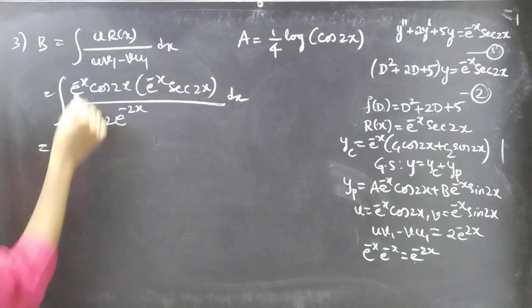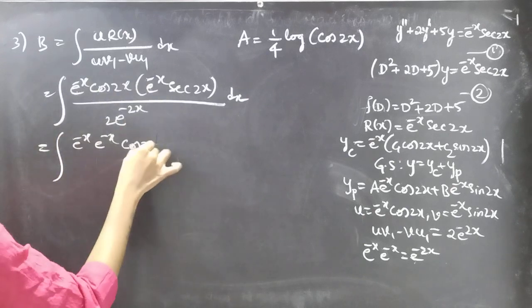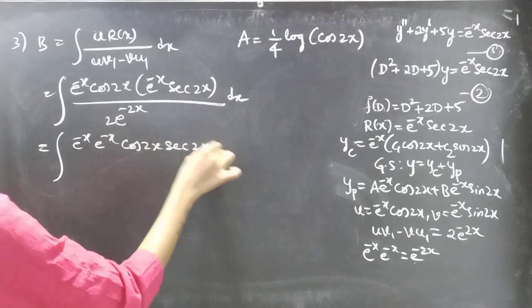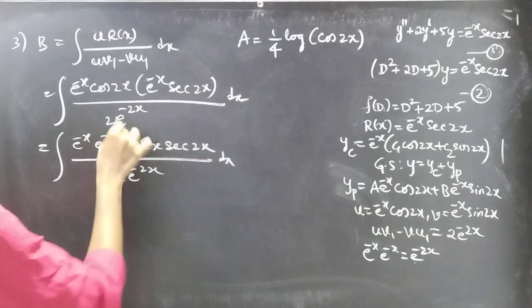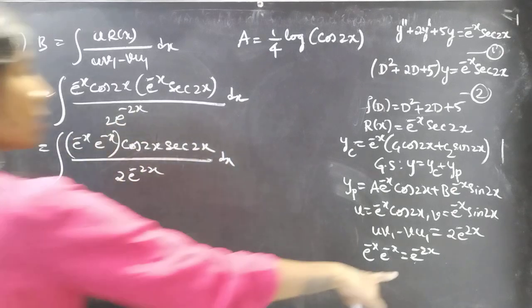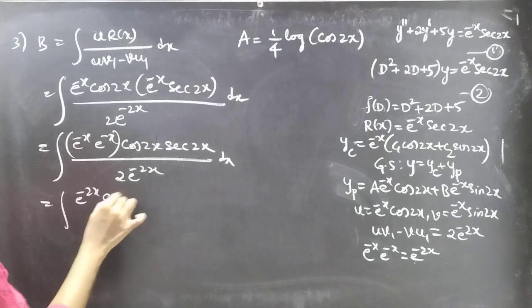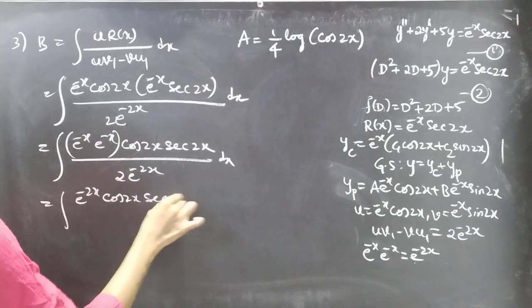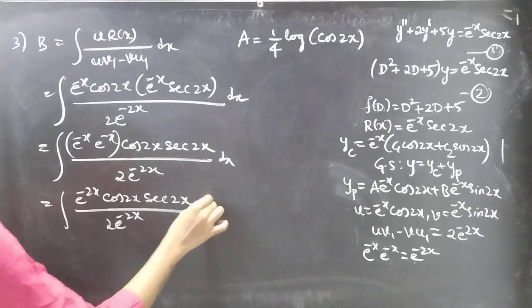This is equal to the integral of e power minus x into e power minus x cos 2x secant 2x by 2 e power minus 2x dx. We know that e power minus x into e power minus x is e power minus 2x, so this gives us e power minus 2x cos 2x into secant 2x by 2 into e power minus 2x dx.